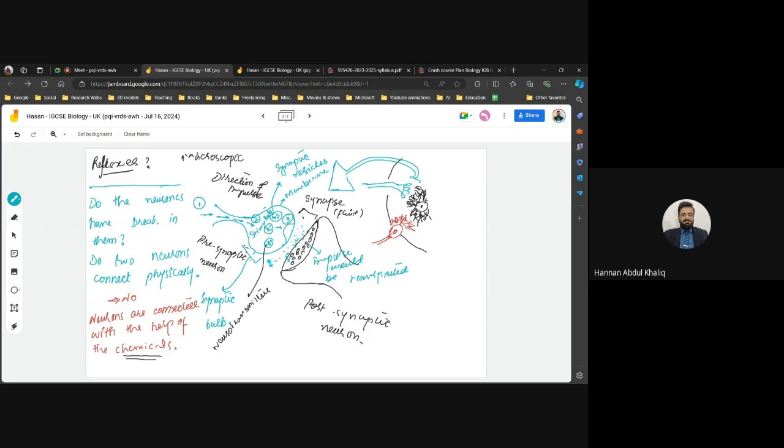Number four, the neurotransmitter would diffuse into the synapse. Number five, the neurotransmitters would attach to the receptors. And number six, the impulse would be transported to the postsynaptic neuron. Six steps are there. This is how the impulses are transported. Remember, they are not physically connected.